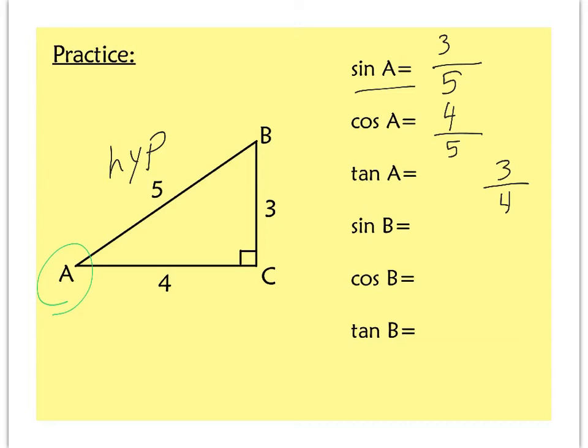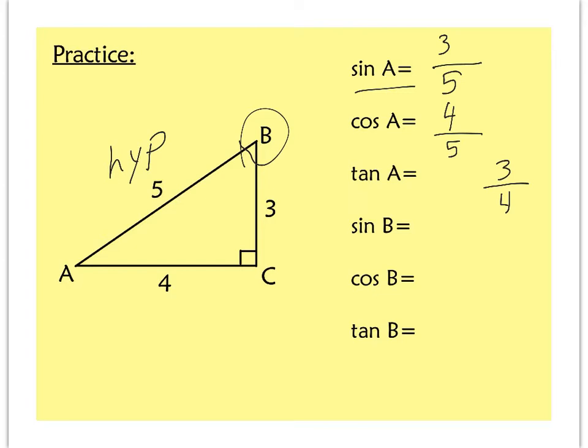Now, changing my reference angle. If I change my reference angle from A to B, my opposite and adjacent sides have now moved. B is here, 4 is my opposite side, and 3 is my adjacent side because it's touching B. Opposite is across from B, not touching it.